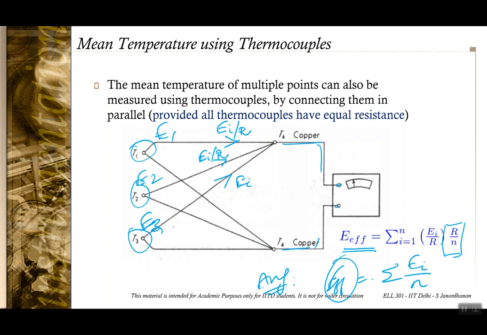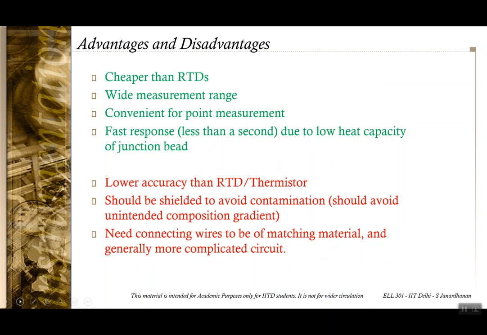Now let's move further in and look into the advantages and disadvantages of the thermocouple. Thermocouples are cheaper than RTDs and they are quite well suited for point measurements, and their range of measurement is much larger than what is feasible in a typical RTD.